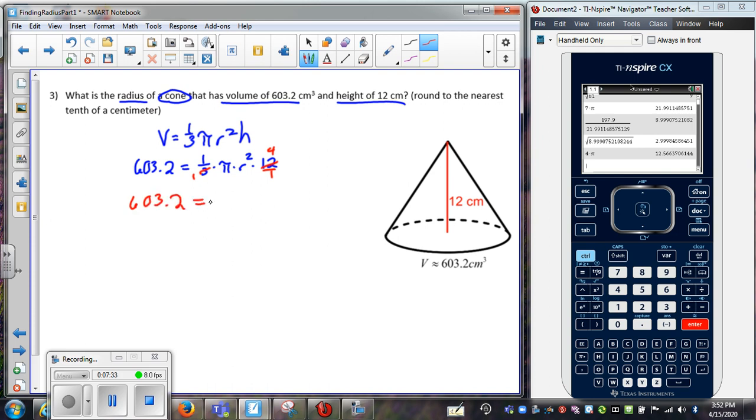603.2 is equal to 12.5663 r squared. Now the opposite of multiplying by 12.5663 is dividing by that.